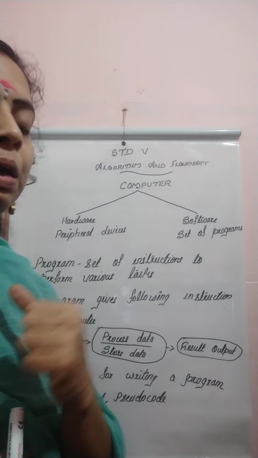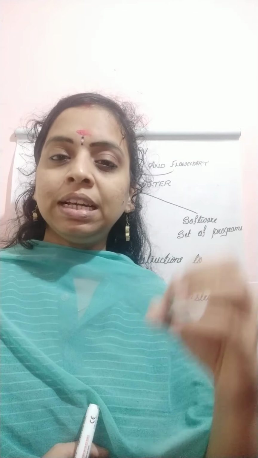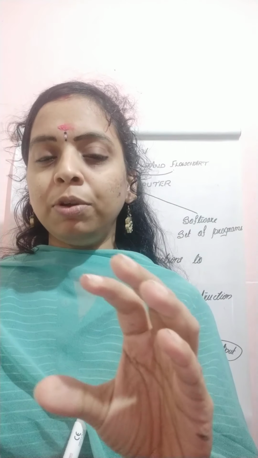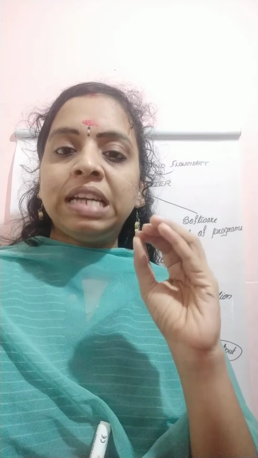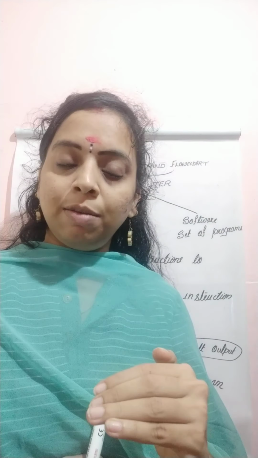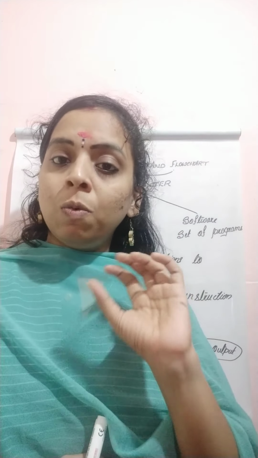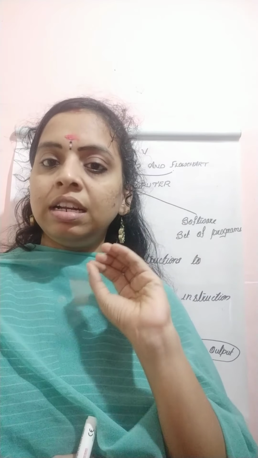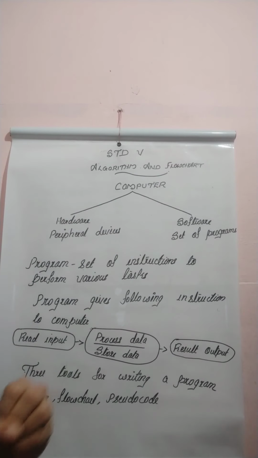So programs are sets of instructions that make the computer do its job: take input from the user, process or store that input, and give the result to the user through the output devices.